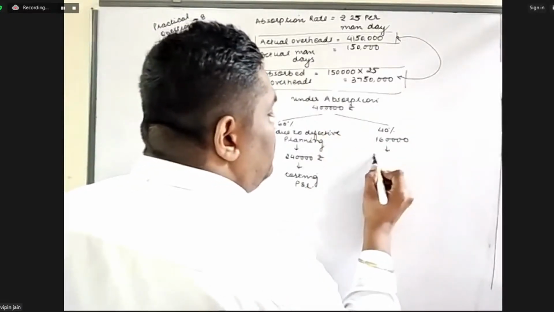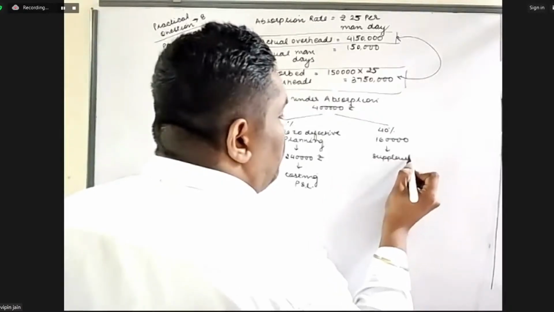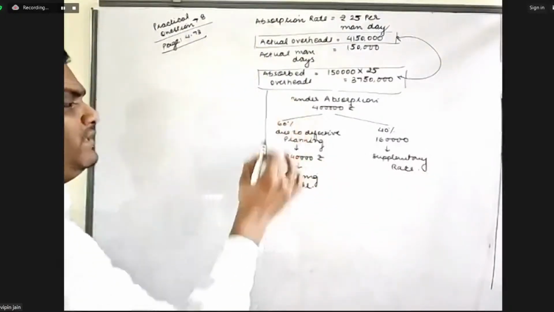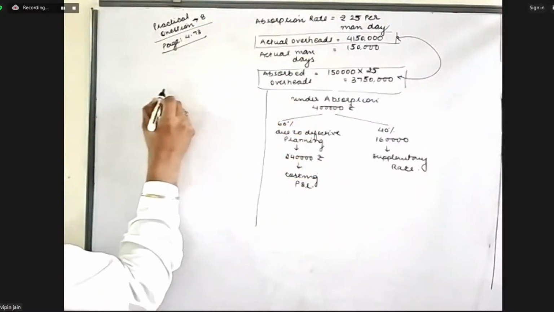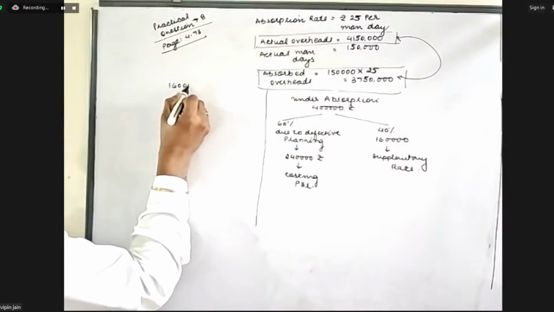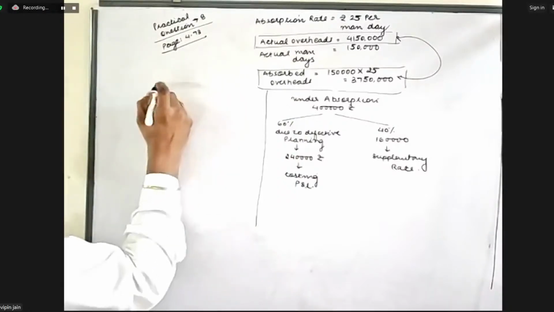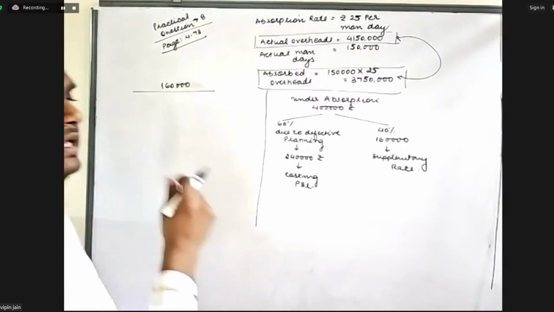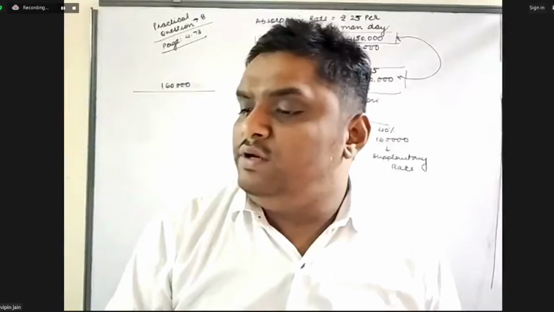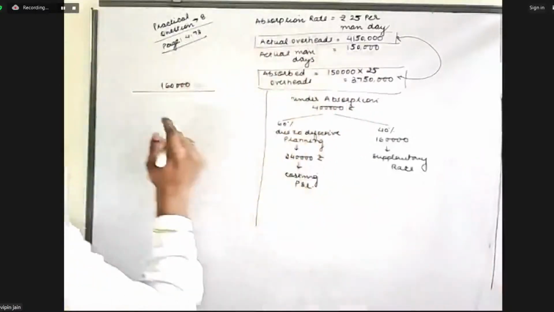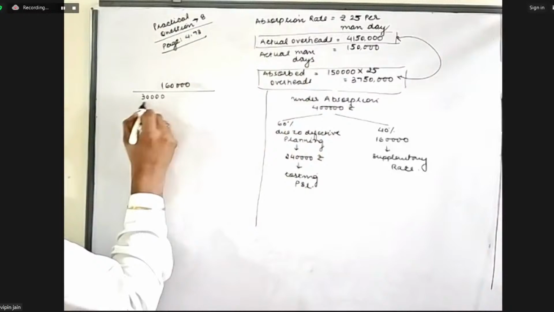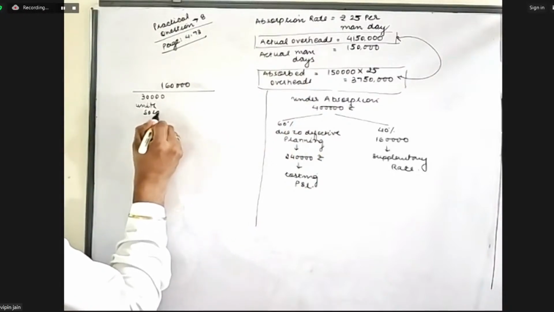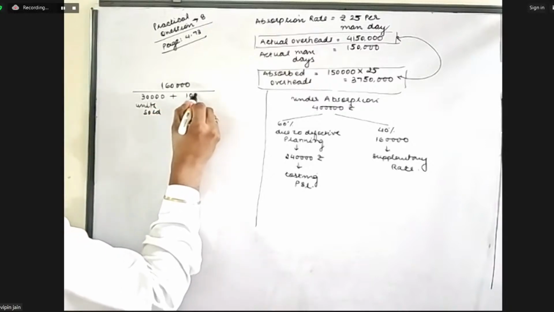We will calculate the supplementary rate. So let's calculate the supplementary rate. So 1,60,000 divided by, see, it is given in the question that 40,000 units were manufactured, 30,000 were sold. So how many units are sold? 30,000 units. And 10,000 is what?